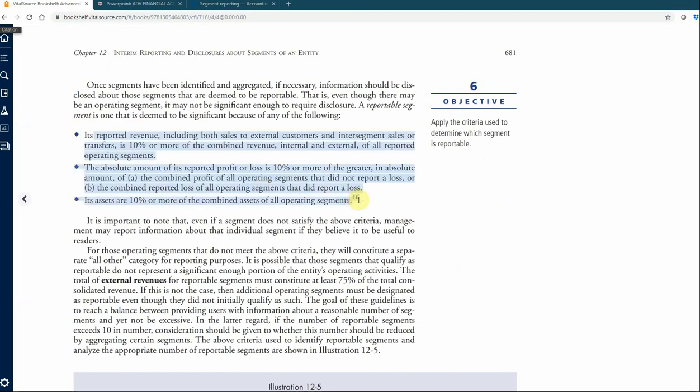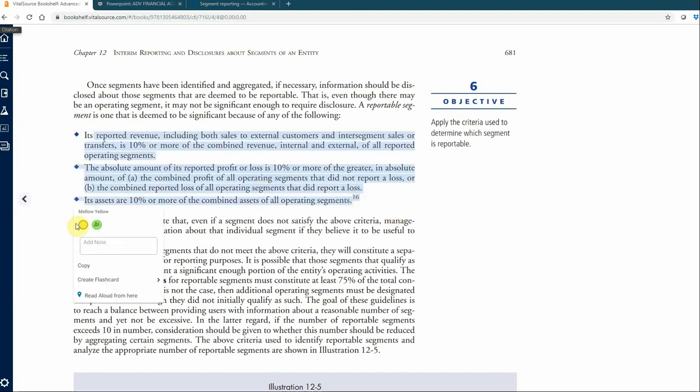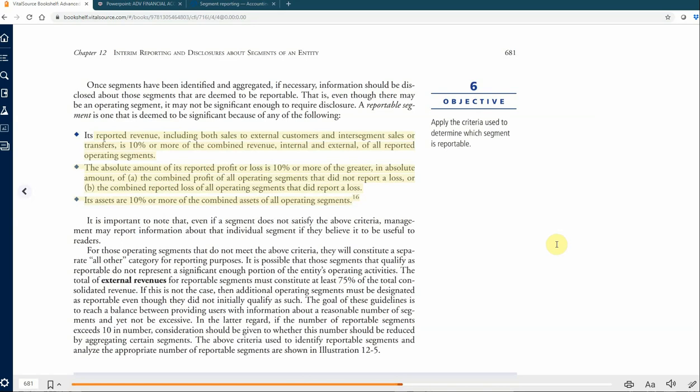So there's going to be basically three tests that we do. The first is the revenue test. If a segment makes up 10% or more of the combined revenue, then we're going to report it. When we calculate that, a lot of times segments are going to have inter-segment transactions, like we talked about earlier with intercompany transactions.